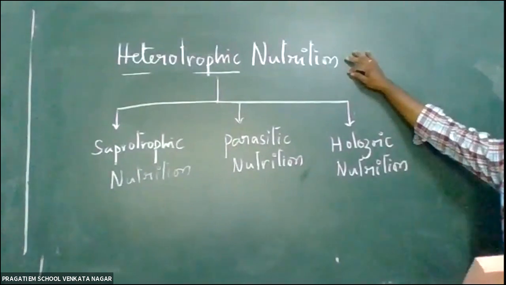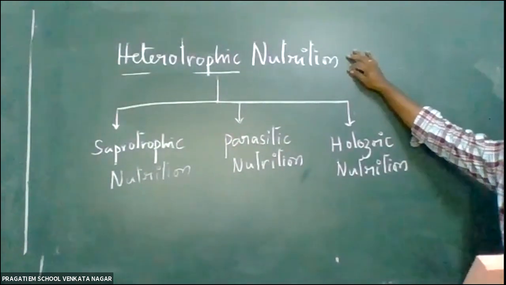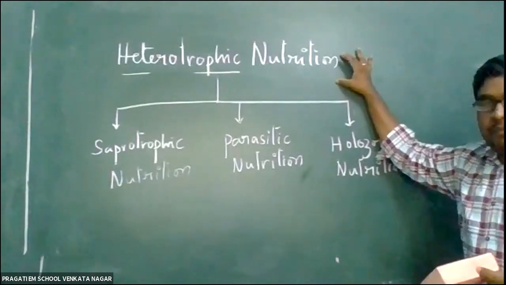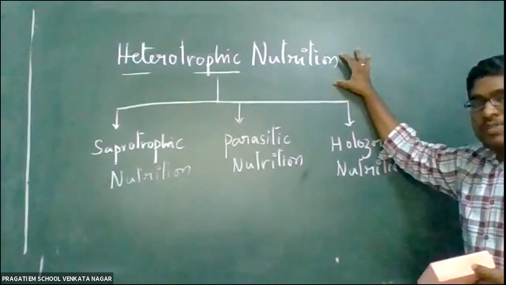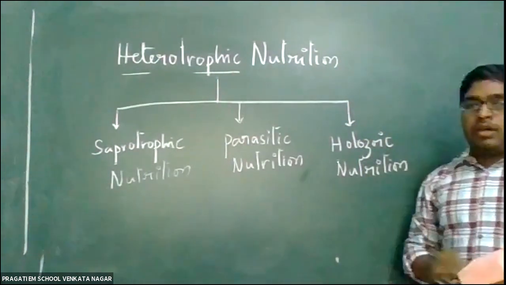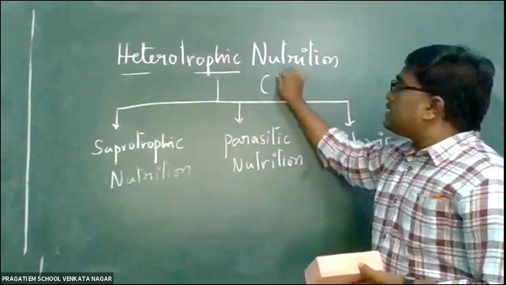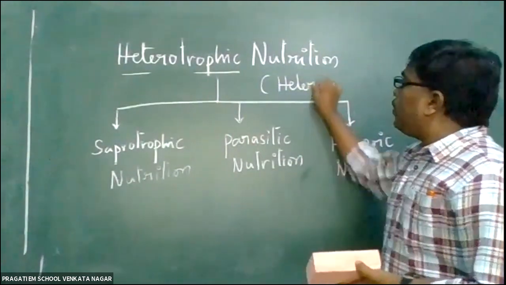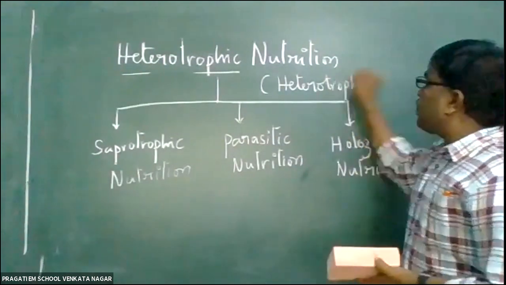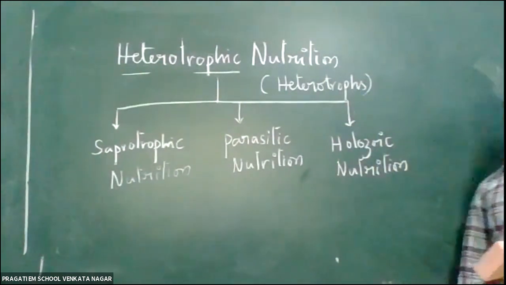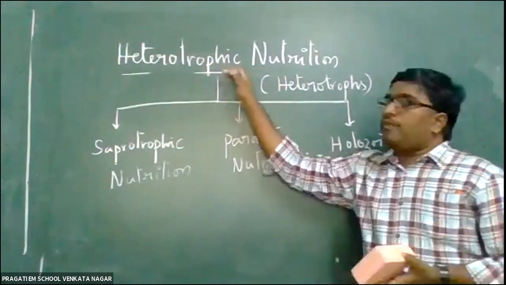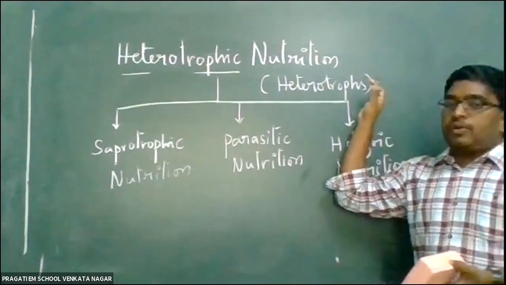Heterotrophic nutrition is a mode of nutrition in living organisms. It is a dependent type of nutrition. The organisms which can perform heterotrophic nutrition are called heterotrophs.